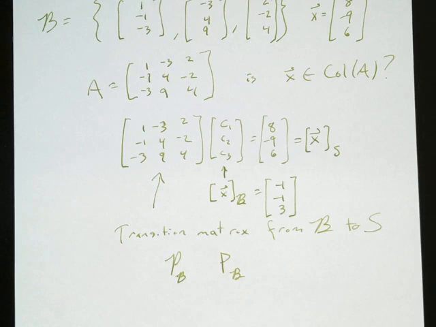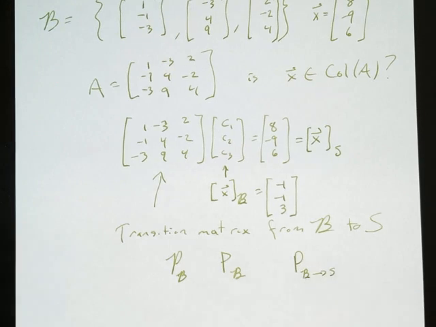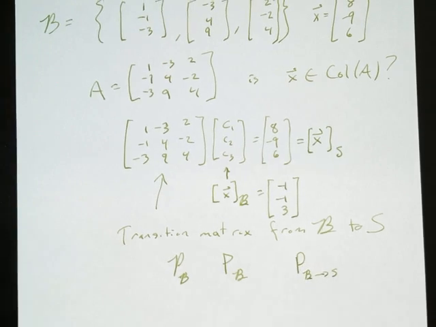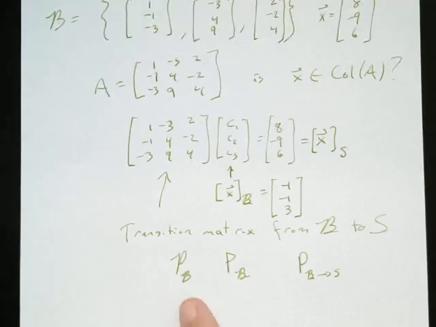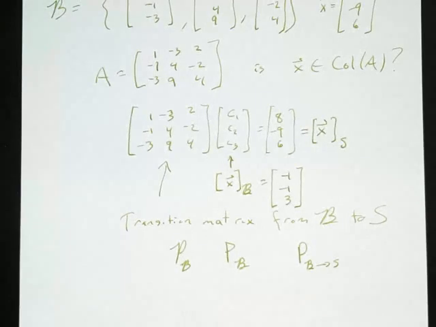I would prefer to write this as something that multiplies and takes from B to S, right? From B to S. I've seen that notation in a lot of other places, but the textbook uses this one. I'm going to use that so that you can read the textbook to go with it, but I think the other one makes a little more sense.